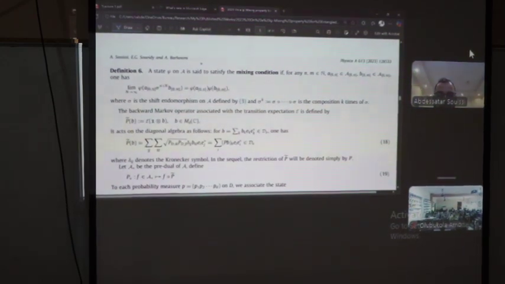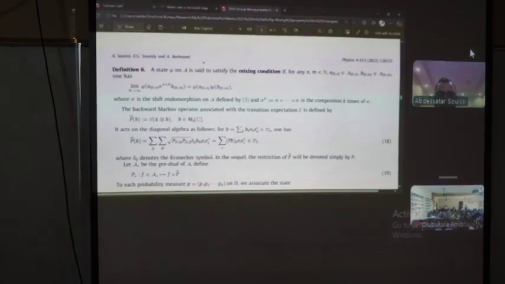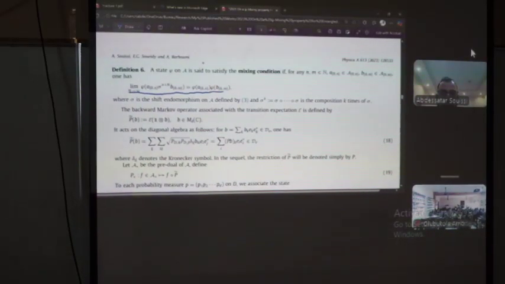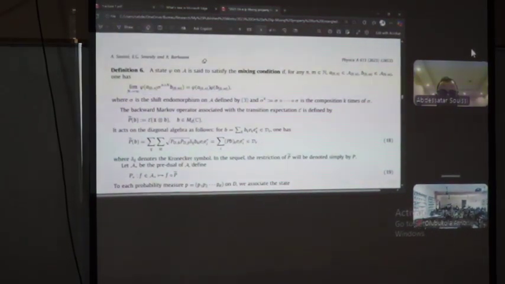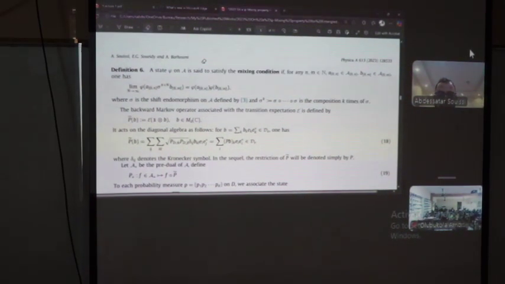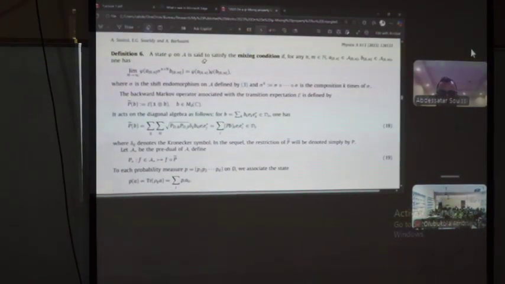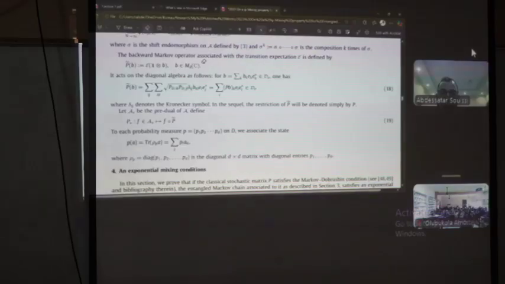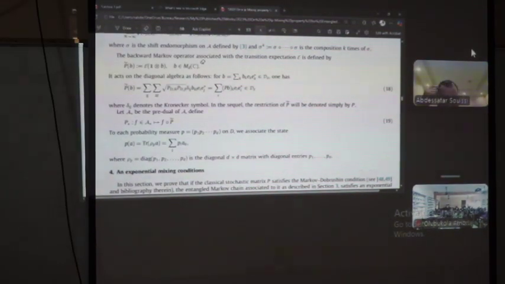The limit is phi of A times phi of B. This is the mixing condition. In this work, we try to show that this class of quantum Markov chain is mixing, using first the model from the previous works.